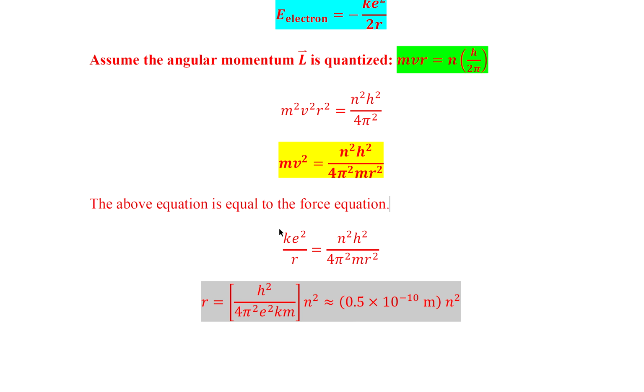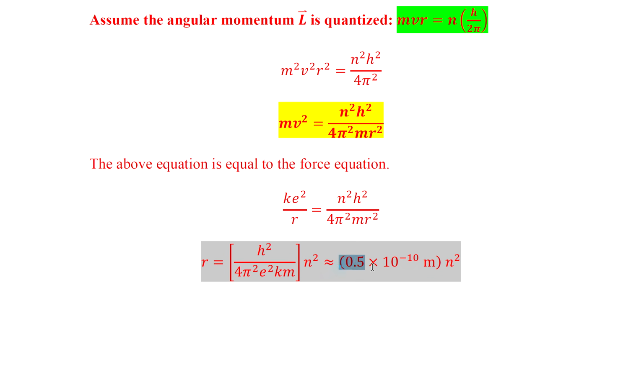When you set the two yellow equations equal to each other and you solve for r, you get about 0.5 times 10 to the minus 10 meters times n squared. Everything in this parentheses here, h bar squared divided by 4 pi squared e squared km, m is the mass of an electron, all of that is equal to about 0.5 times 10 to the minus 10 meters.